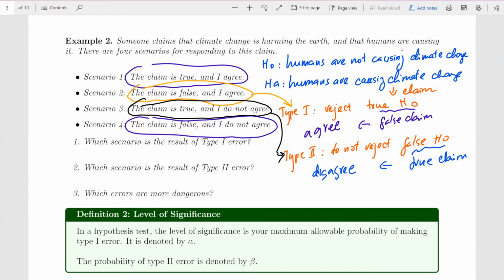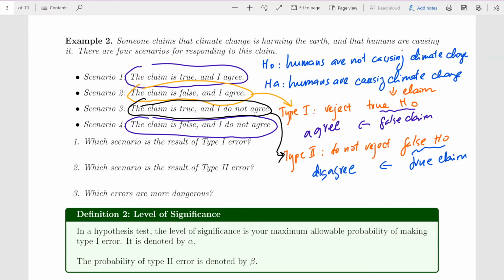Well, if I agree that humans are not causing climate change, I would not do any work that reduces climate change or helps with climate change, right? I would just keep doing what I'm doing right now. So that's one thing. And then type 2 error is when the claim is true. So the claim is true, which means humans are causing climate change, and I disagree with that.